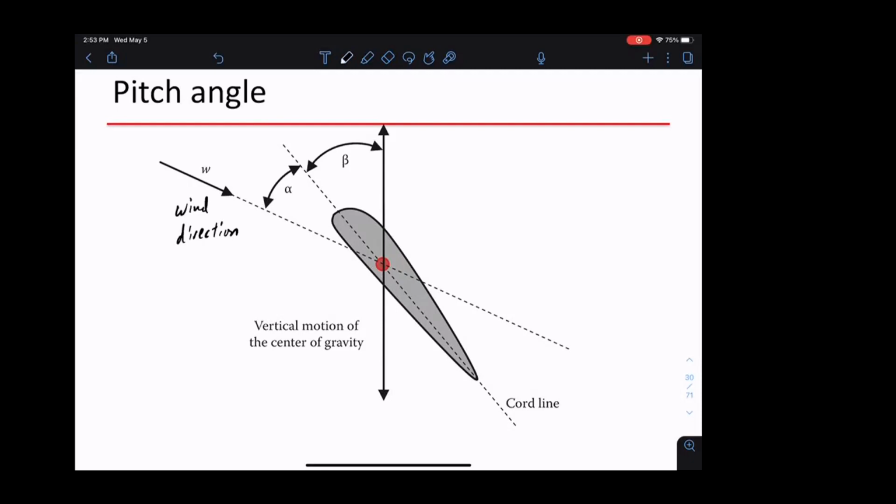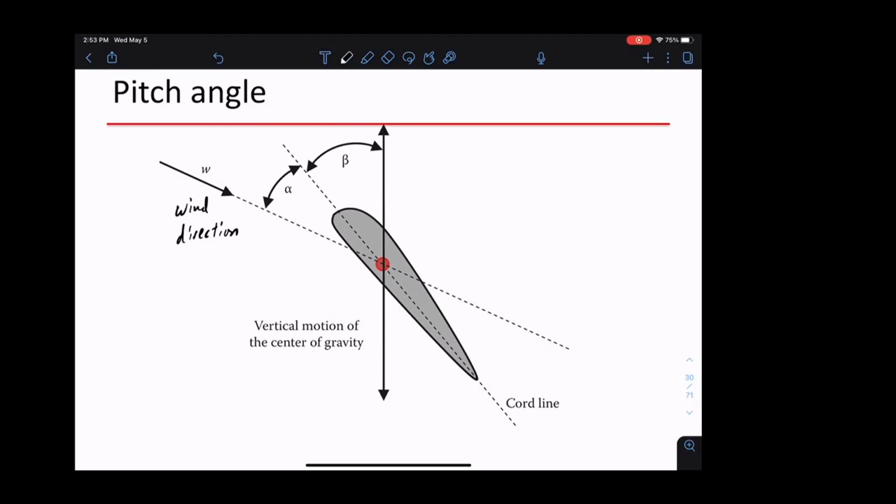So what we do in practice is talk about the angle that's complement to the angle of attack, which is this beta angle. Beta is called the pitch angle. The pitch angle is measured from the vertical line that goes through the blade.